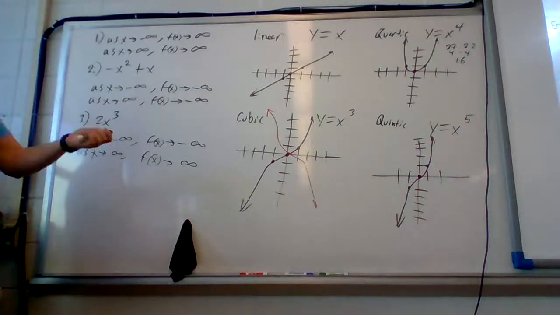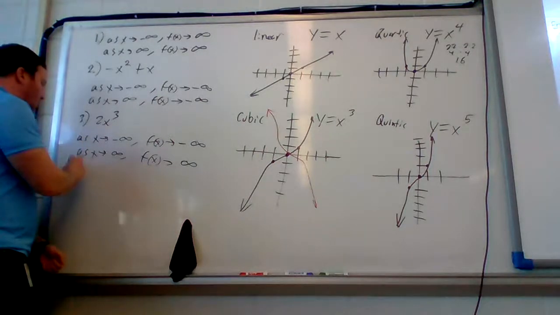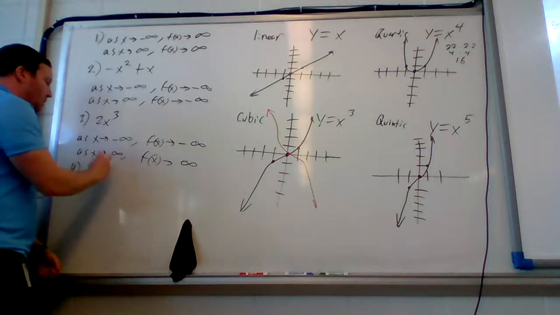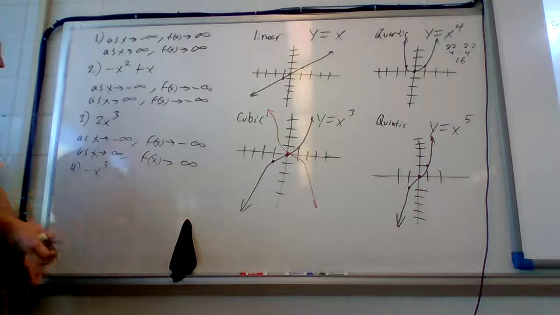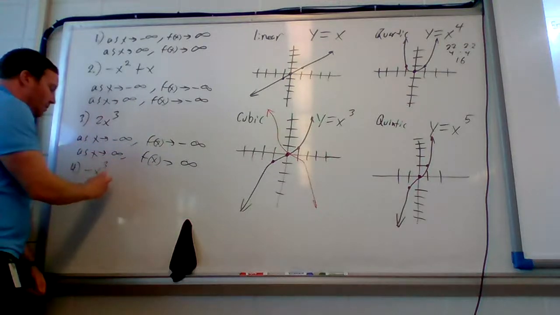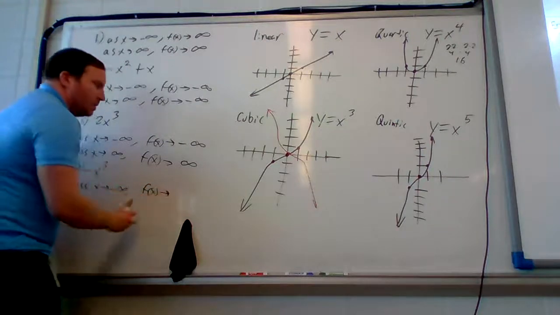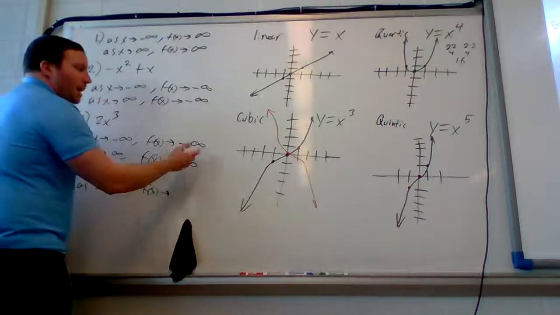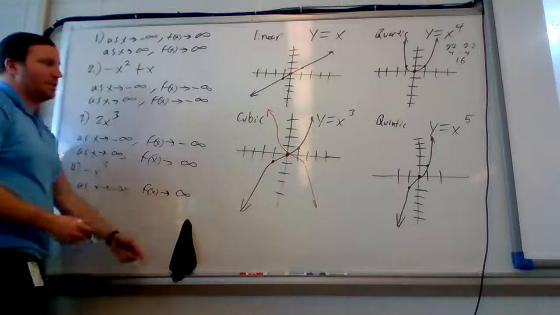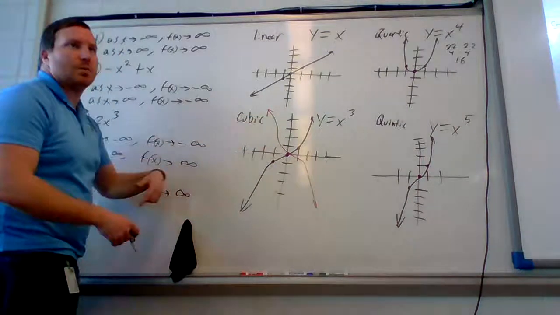So if we're looking at number 4, where we have negative x cubed, as x approaches negative infinity, f of x is going to approach positive infinity. Right? It's the opposite this time, because we flipped it.